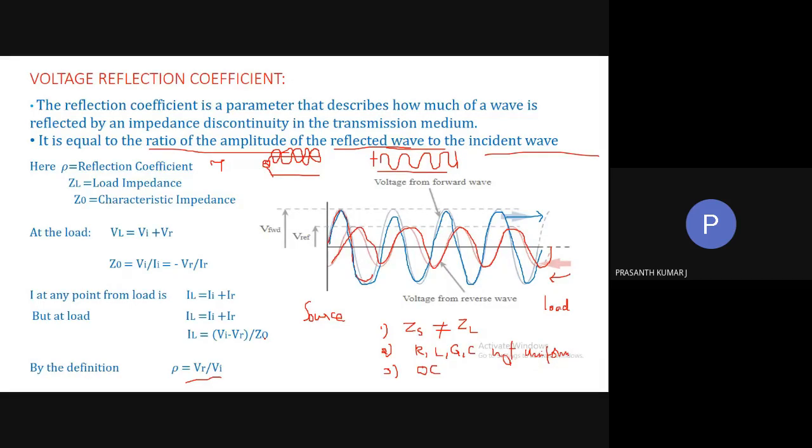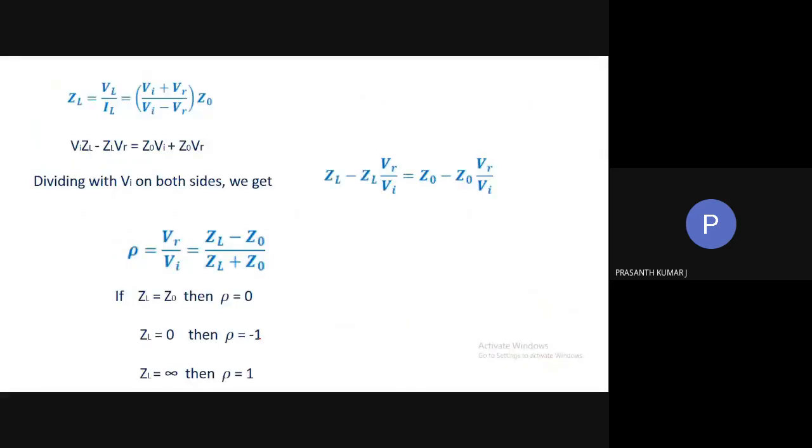Now we are going to calculate the ratio of voltage to the current at the load. So now we are writing ZL, ZL means at the load.